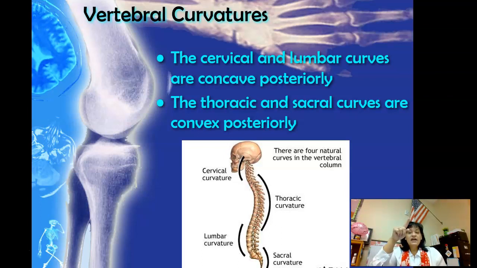Okay, so your neck, if you look on the side, if your head is facing this way, it's backwards on the screen. If your head is facing this way, it's going to come this way and then curve back this way, back again this way, and then again this way. So it makes a squiggly snake shape.